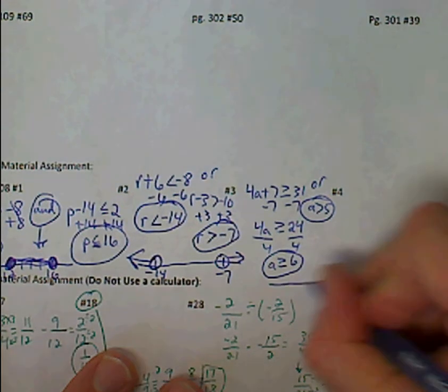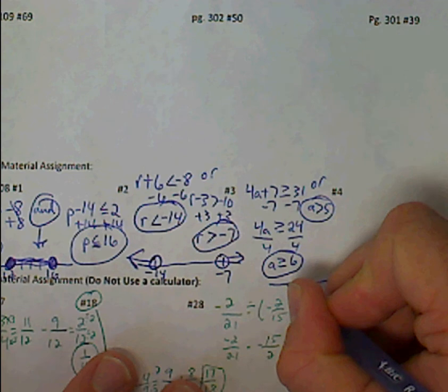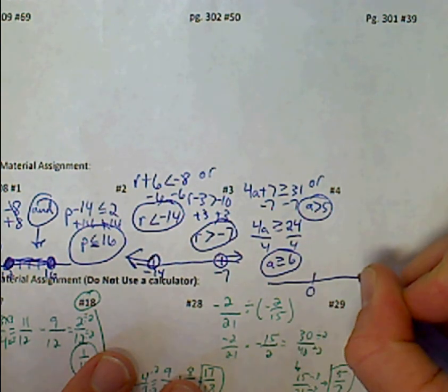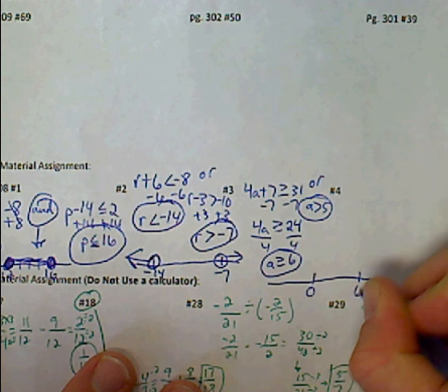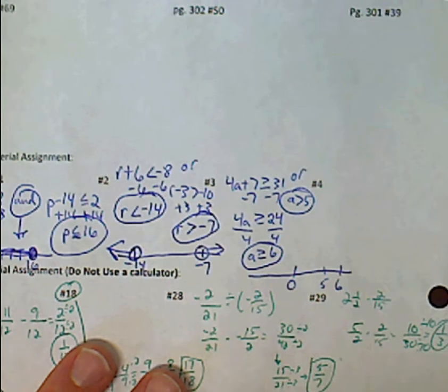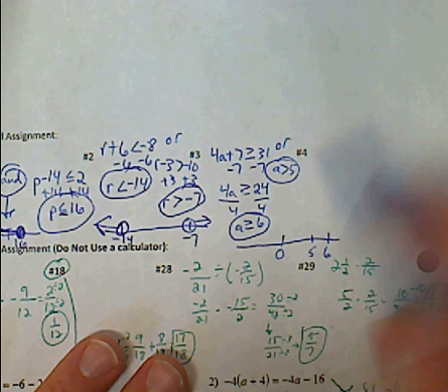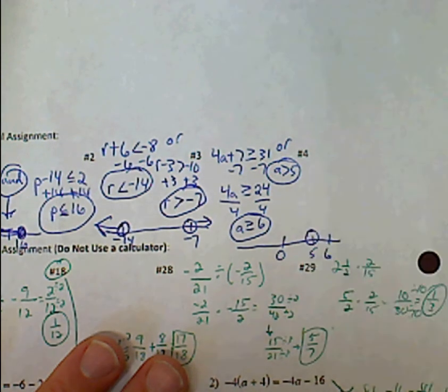So here we go. If this is 0, I know 6 is over here, 5 is over here. This one is slightly different than what we've seen, because if a is greater than 5, I'm going to put an open circle at 5, and my arrow is going to go this way.